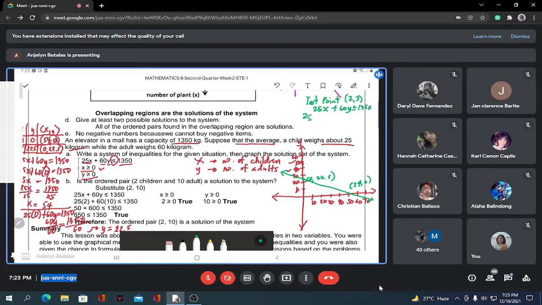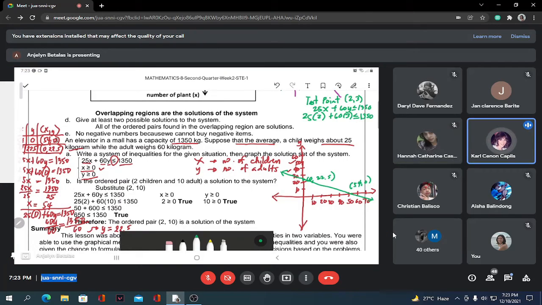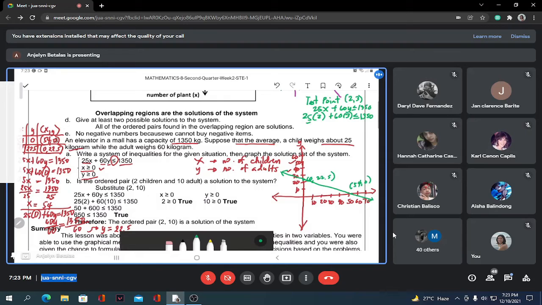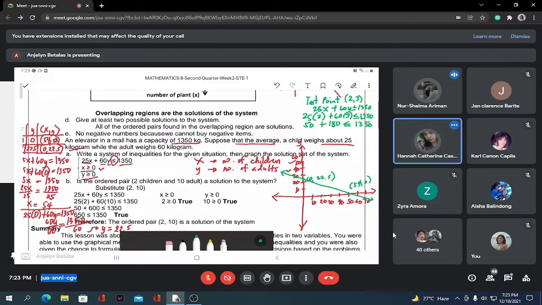So x is 2 and y is 3. 25 times 2 is 50, plus 60 times 3 is 180. Then 50 plus 180 is 230.